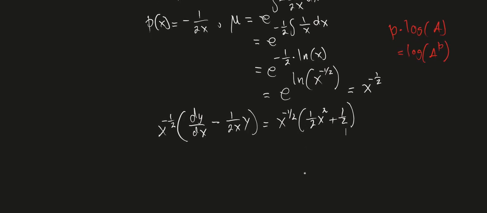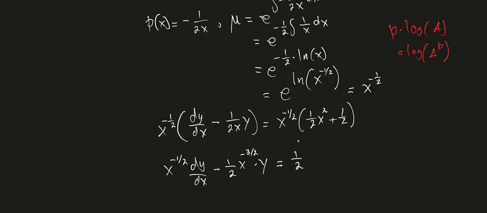And then let's distribute this. So we have our x to the negative 1/2 dy/dx. And then here I have, so I'm going to write it like this. I have a negative 1/2, and then I have x to the negative 1/2 divided by x. That gives me x to the negative 3/2, and then that's y. And on this side, let's distribute the x to the negative 1/2.